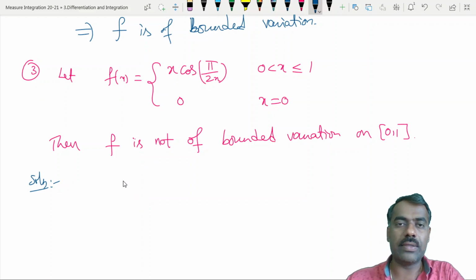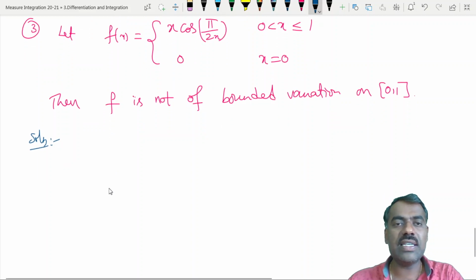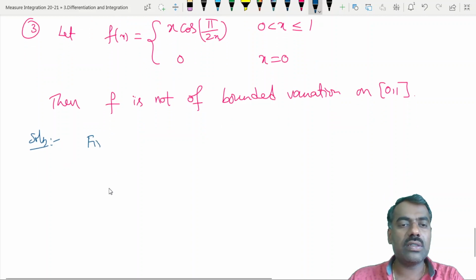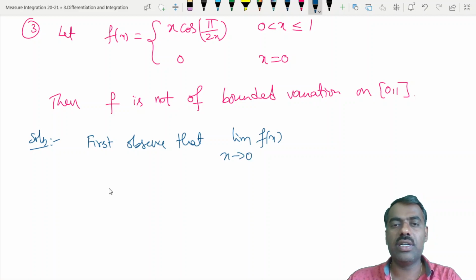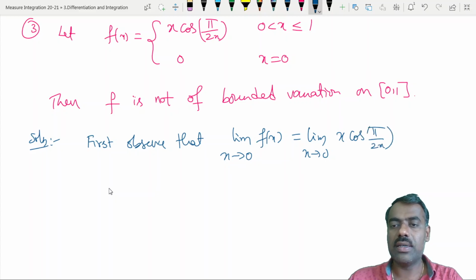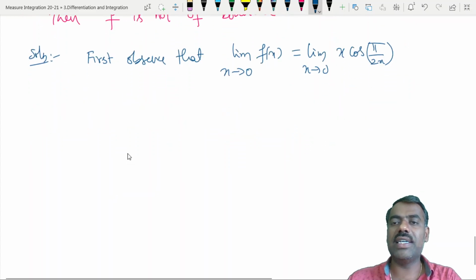Okay, fine. So for this, first observe that the limit of f of x as x tends to 0, that is the limit as x tends to 0 of x cos of pi by 2x. You can check what the value of this is.